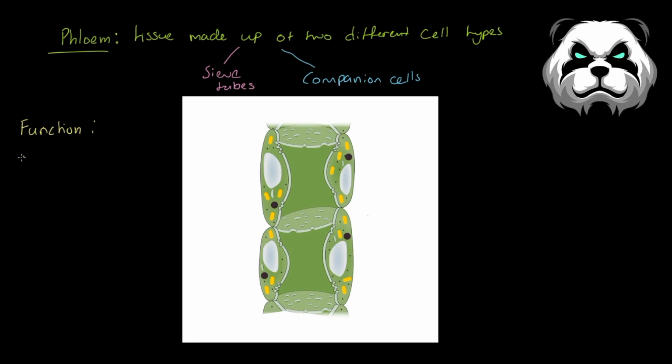So the function of phloem is to carry dissolved sugars up and down the plant. Notice the difference, therefore, between phloem and xylem, for example. Xylem only carries water up the plant. Phloem can carry these dissolved sugars up and down, so it's worth highlighting that as well.